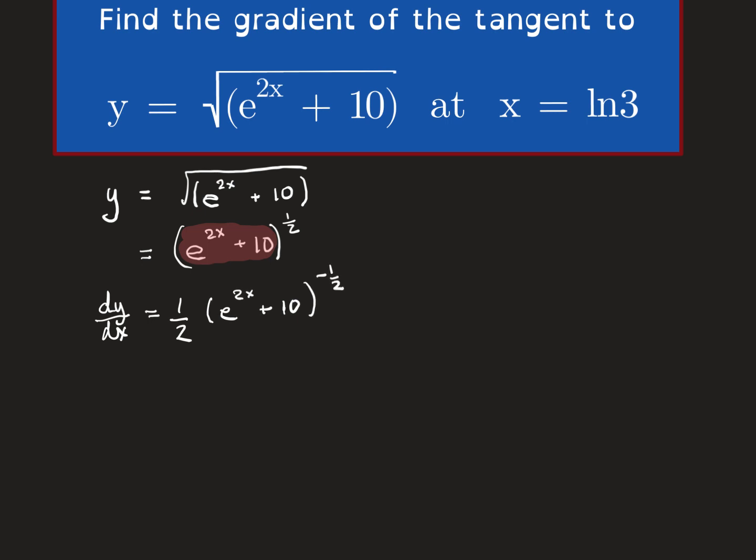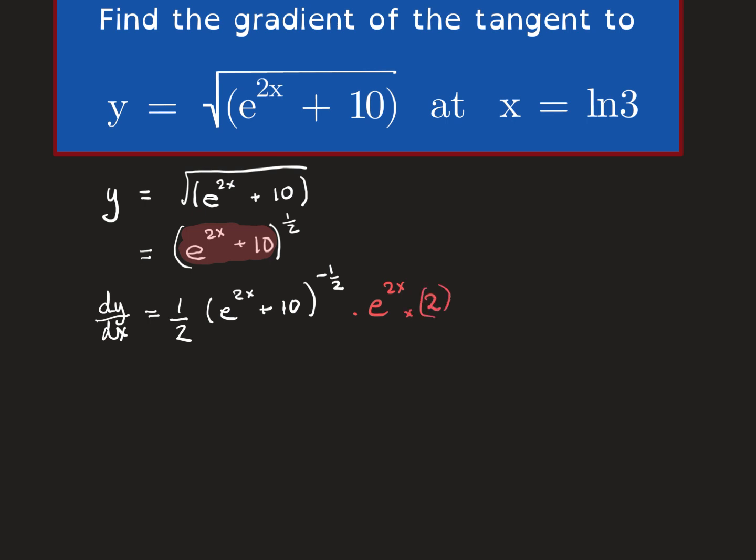And now we will differentiate everything that was in the bracket. That'll be e to the 2x, which will stay as e to the 2x, and multiplied by 2.